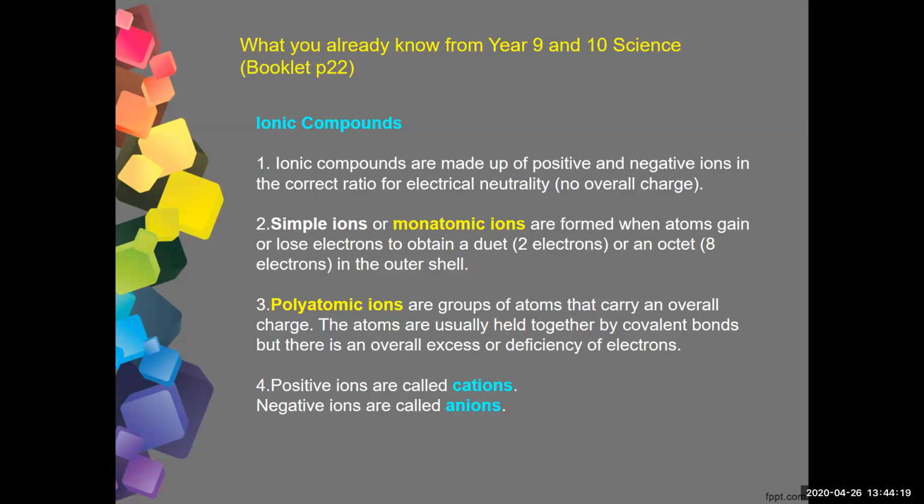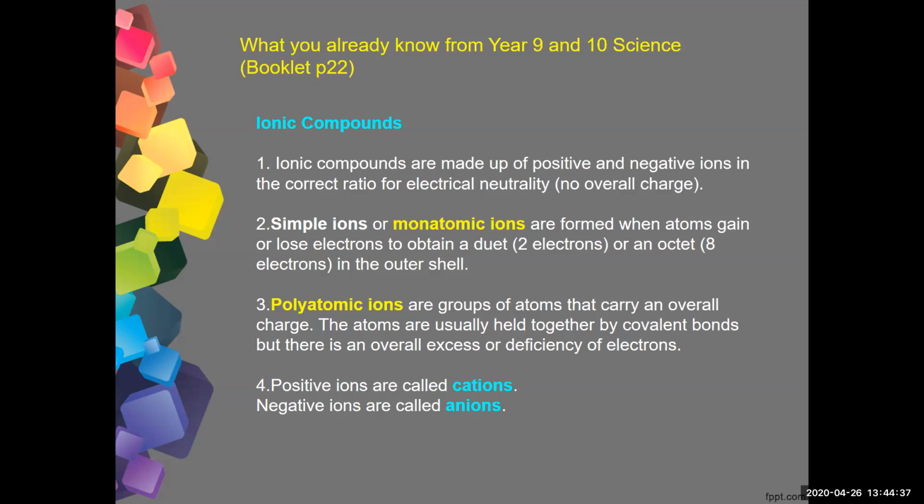That's how we actually worked out how to get the formula for an ionic compound, is we made sure we had the right number of positives and negatives, that all of the opposite charges cancelled out and the overall charge was 0.